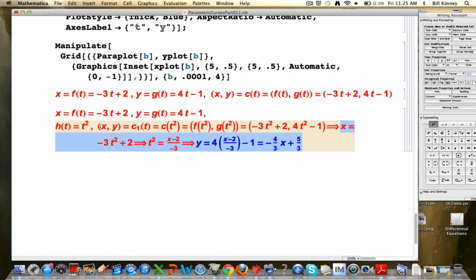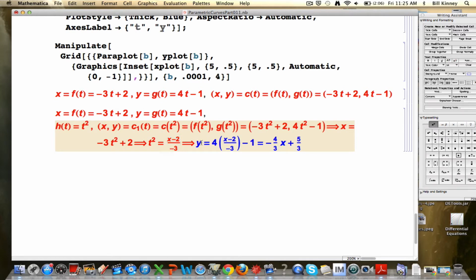What you can do is take the fact that x equals negative 3t squared plus 2, that's what I have right here, solve that for t squared in terms of x, and you don't have to bother solving for t itself. Solve for t squared in terms of x like this. Then take the fact that y equals 4t squared minus 1, and replace the t squared right there with what it equals in terms of x, right here.